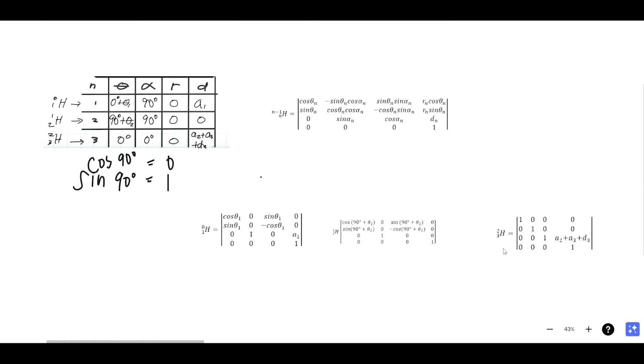Next is the H23, wherein our theta sub n value is 0.